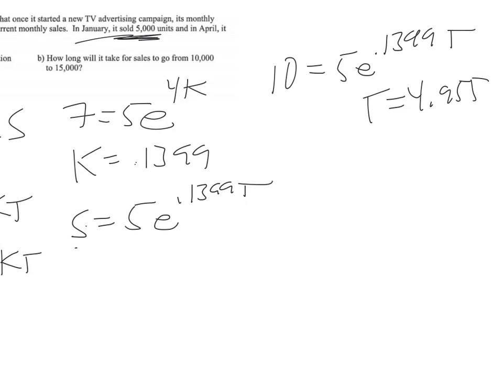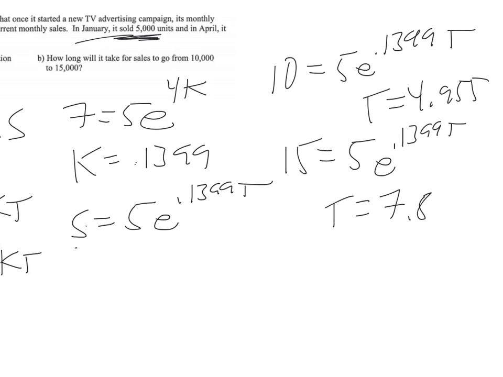And then I said, how long till 15,000? So 15 equals 5 times e to the 0.1399 t again, divided by 5, took the natural log, divided by 0.1399, and I got t equals 7.853.